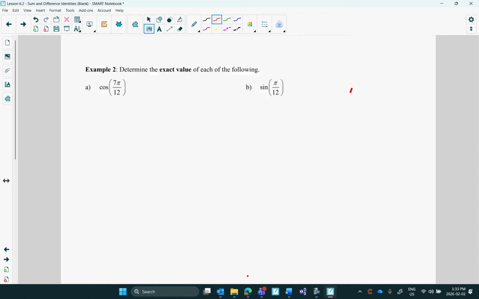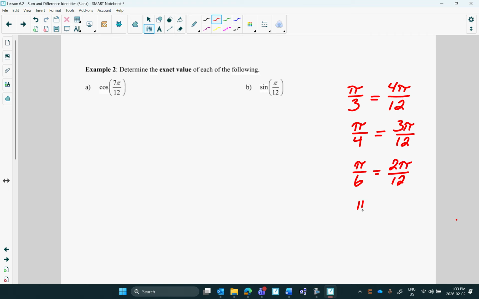Pi over 3. What is that over 12? 4 pi over 12. Give me another one. Pi over 4. What is that? Give me another one. Pi over 6, 2 pi over 12. How about pi over 2?